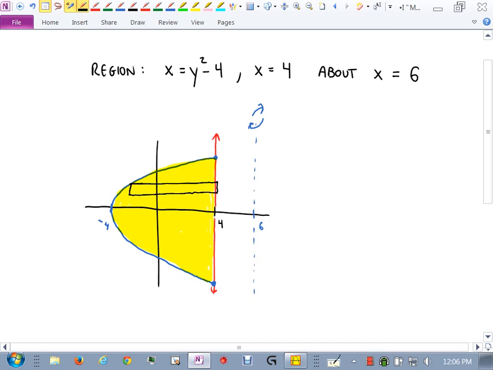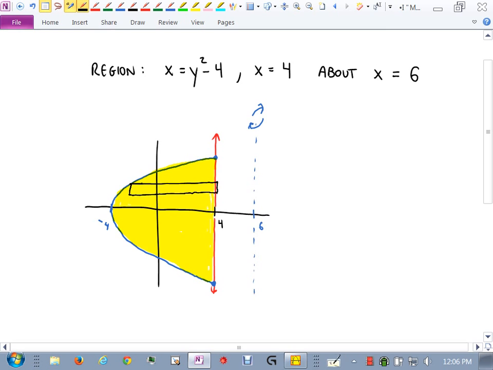Y'all agree? When I rotate that around, I'm still going to get some sort of washer, and I can still do the same exact logic. I can stand on my axis of rotation and talk about an outer radius and an inner radius, can't I?